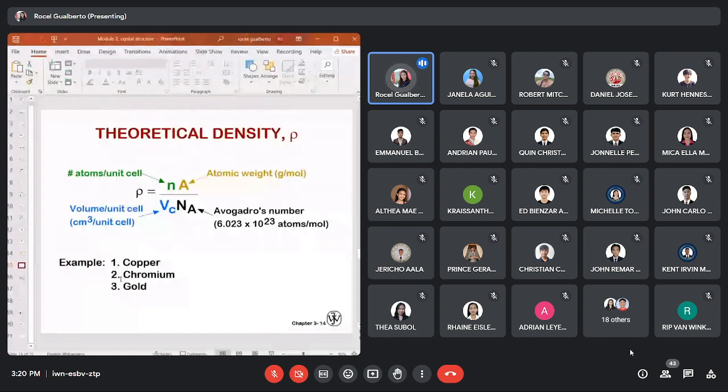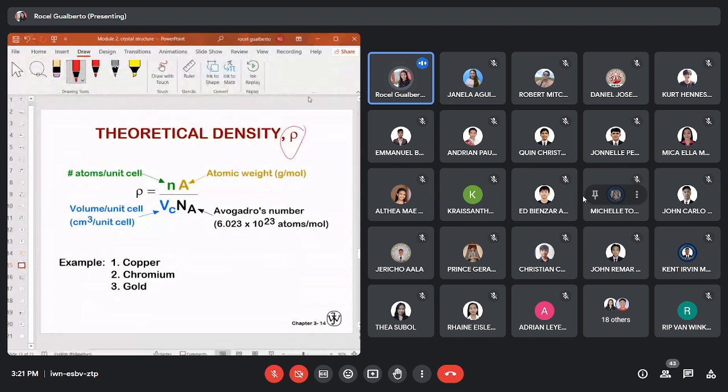So the theoretical density, we are to use rho as its symbol. And as the equation, rho is equal to nA over VcNa. So ito pong dalawang ito, n and Vc, yan po yung galing doon sa structure. So yun po yung parameter na kinukuha natin coming from the structure. Whereas A is the atomic weight.